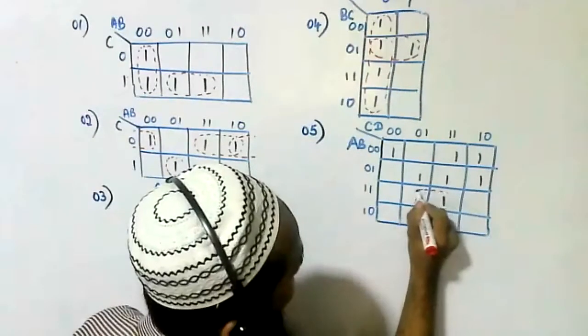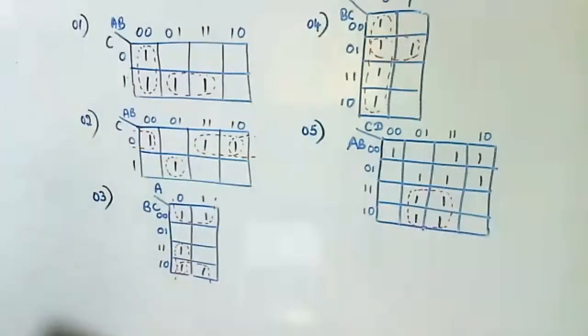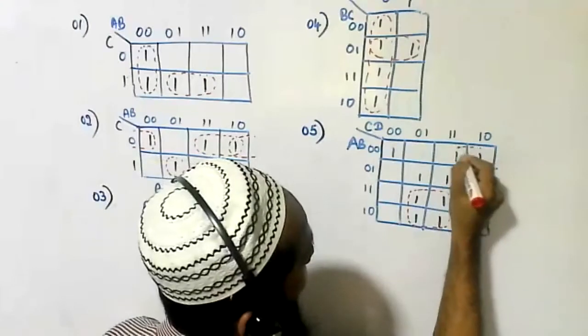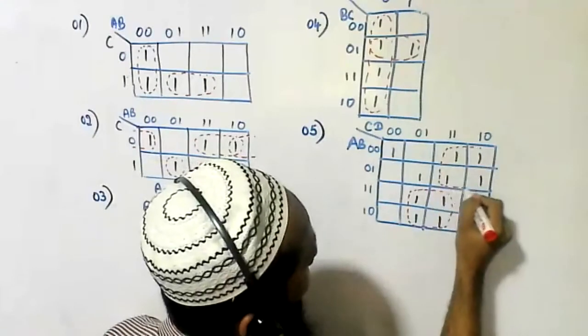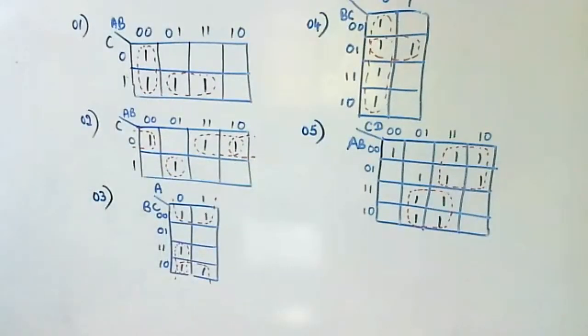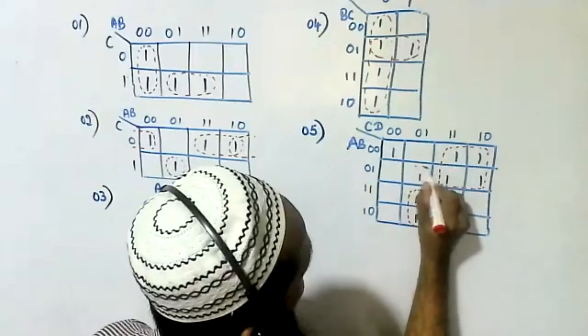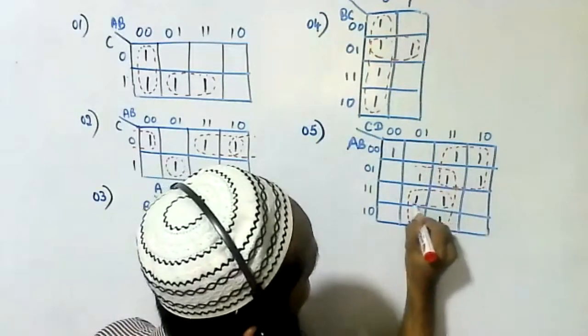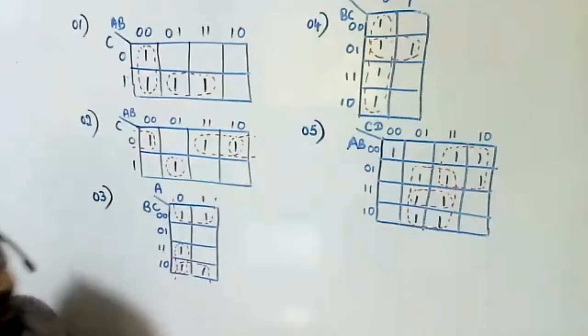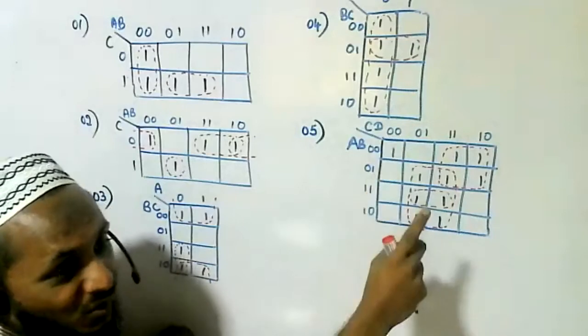So here, 4 ones, I group it. And here 4 ones, I can group it. That's the second group. And here 4 ones, I can group it as the third group, because the maximum number of ones should be included in one group.